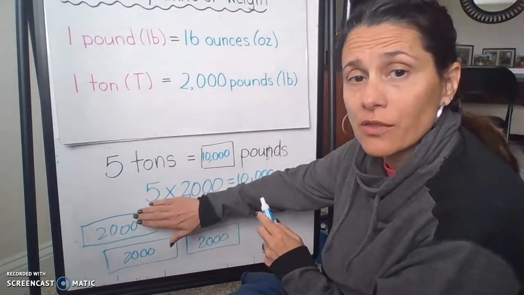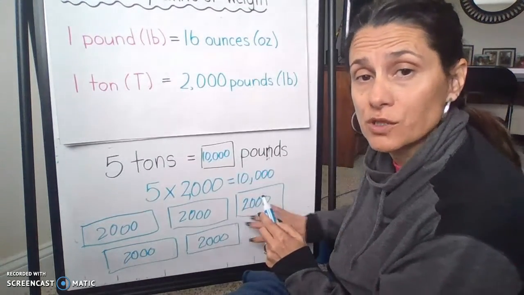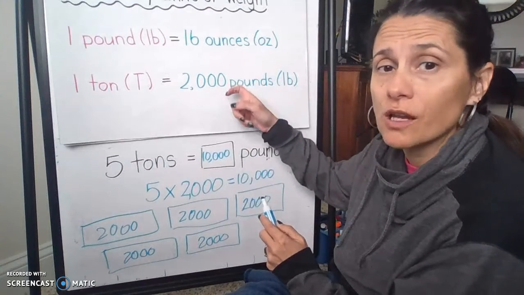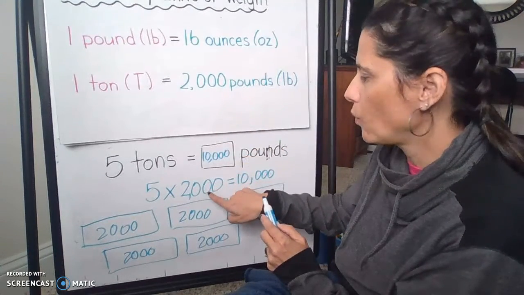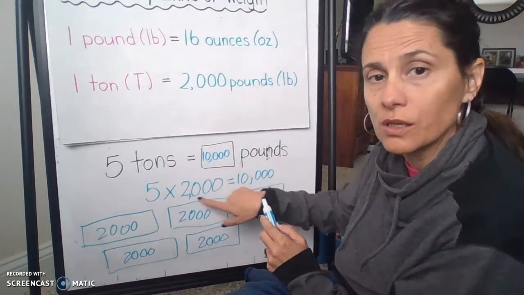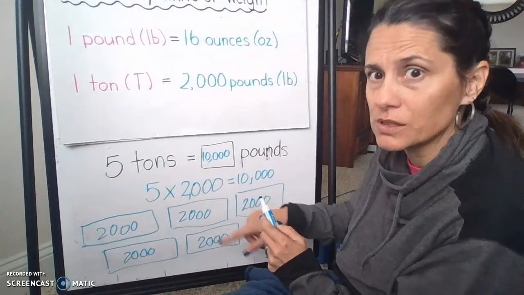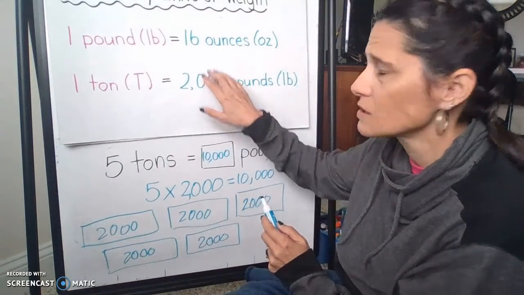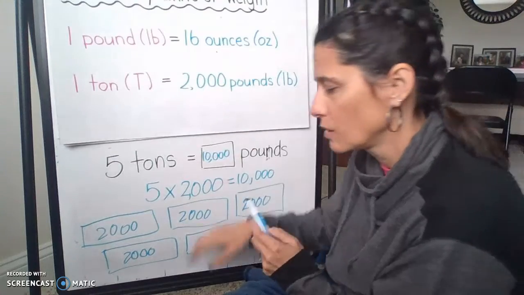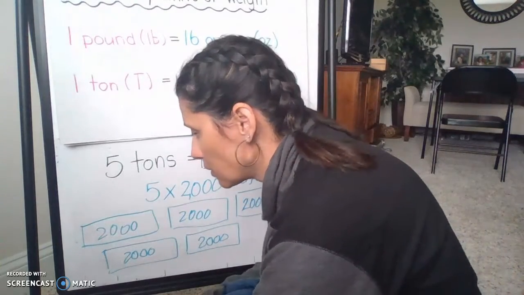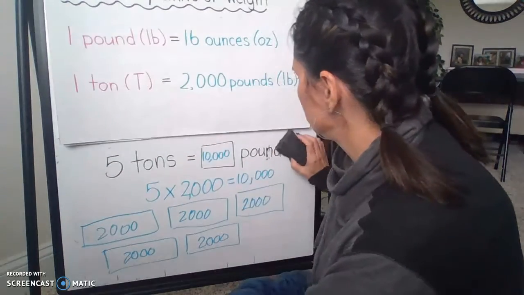So we've got our math way, and then we've got our picture way. But we always got our chart here so we know how many in each group there needs to be. How many groups can change, but how many in each group stays the same. So this is the part that will stay the same here. So let's do another one together.